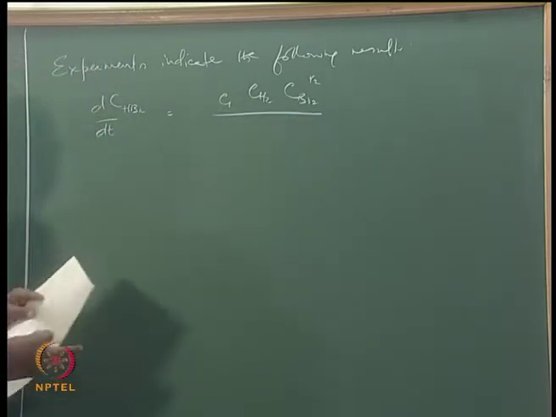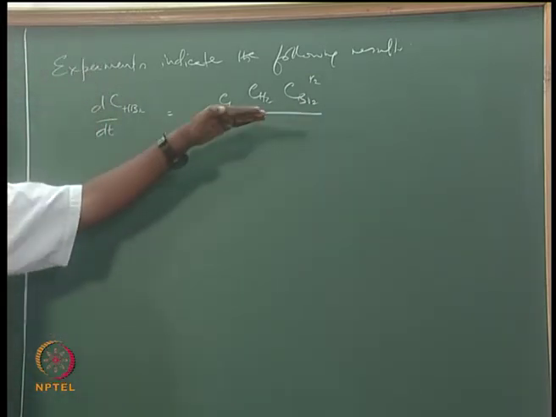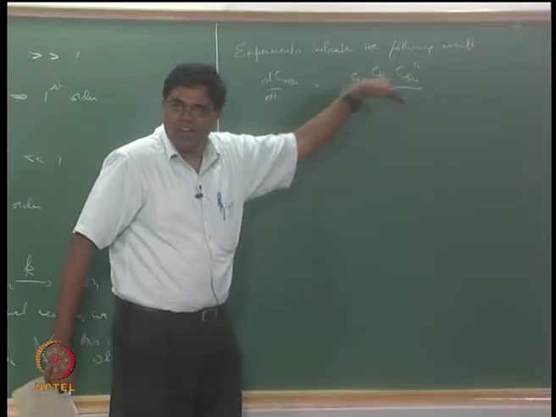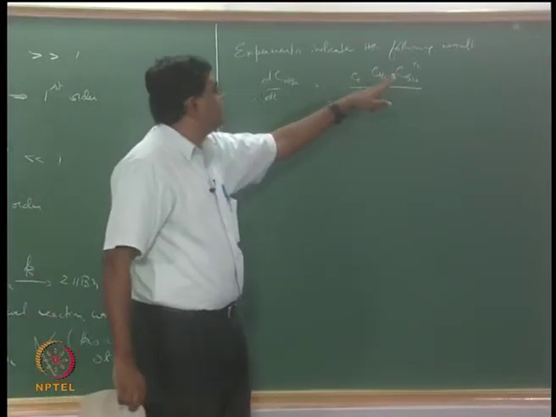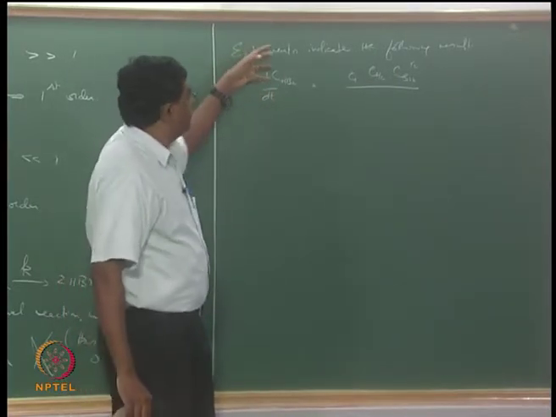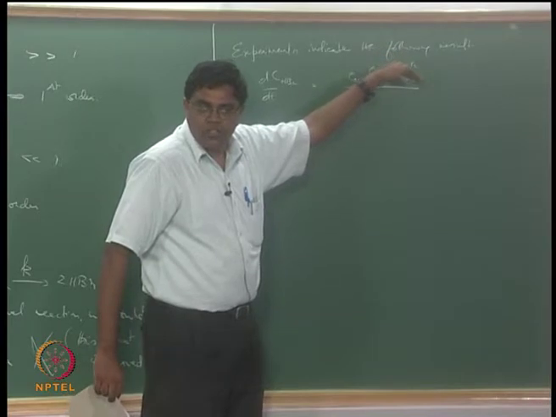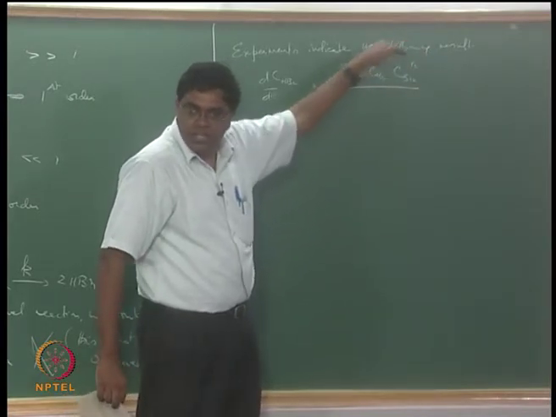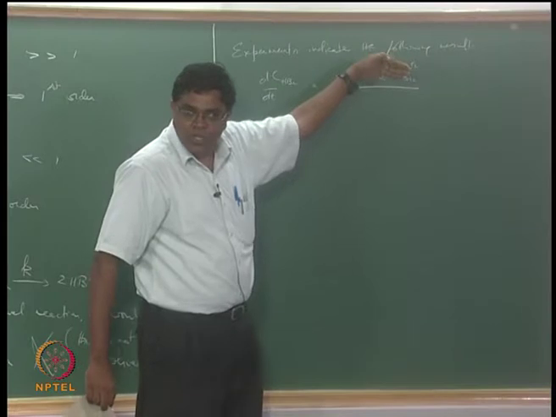Well, you know now that that's not the whole story, but as it is, we are now finding that the rate of production of hydrogen bromide is dependent on the concentration of bromine to the half rather than linearly. But that's not the whole story.